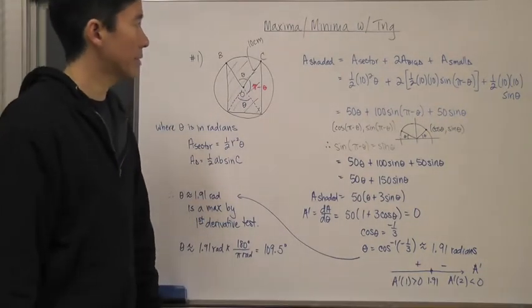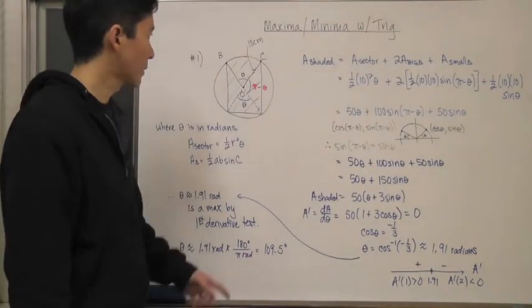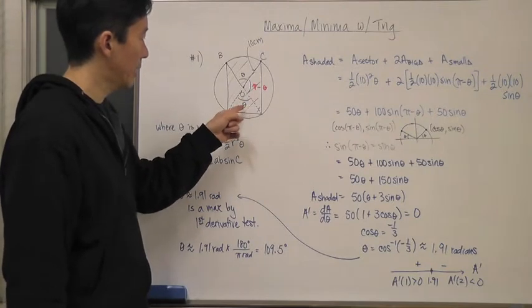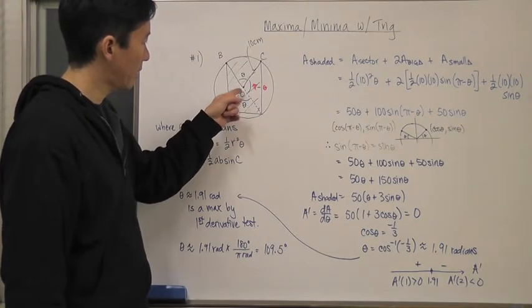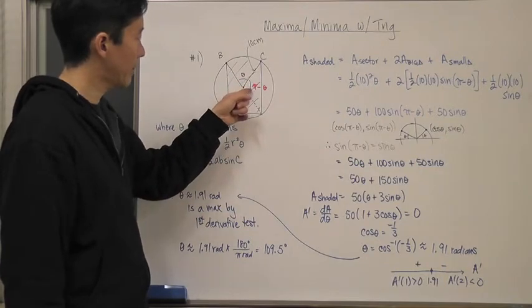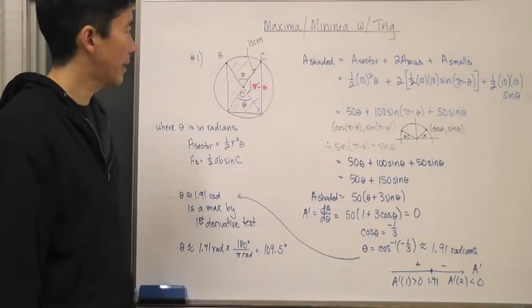So the first thing that we have to do is find out exactly what the shaded area is. Now, I went ahead and drew a couple of extra dotted lines here so that I can form a triangle. I also drew another triangle here, knowing that this angle is pi minus theta, and it's going to be the same as that side there.